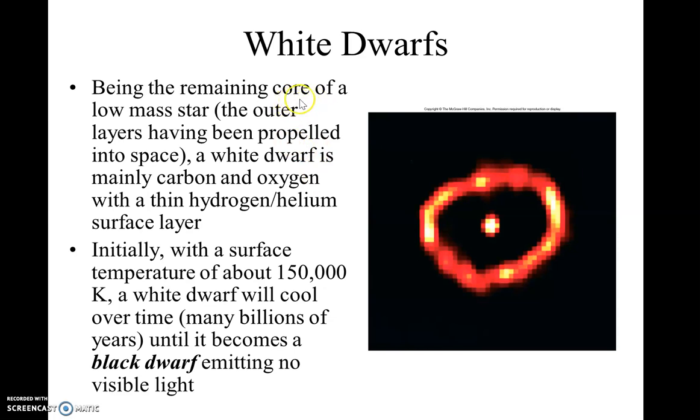All right, so a white dwarf is really what remains from a dying low mass star. This is what happens long after the planetary nebula has gone off into space in all directions, and you just have this, kind of like an ember in a fire, although of course it's not fire, but it's just cooling.